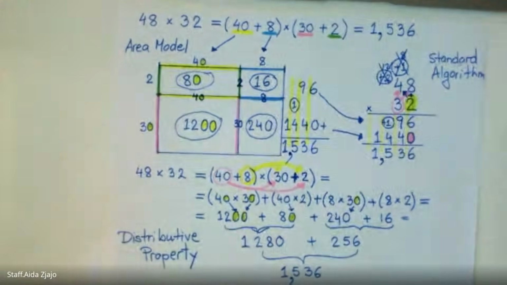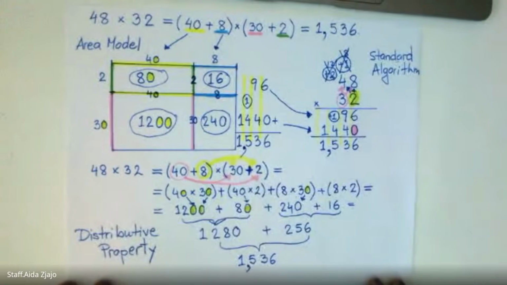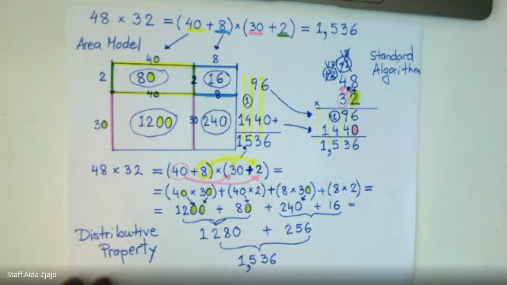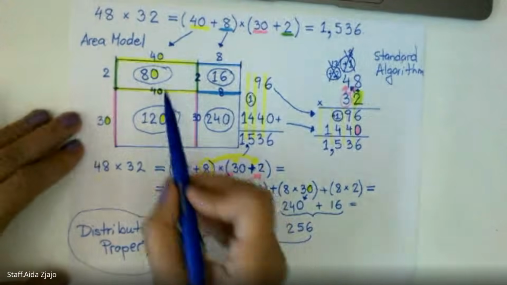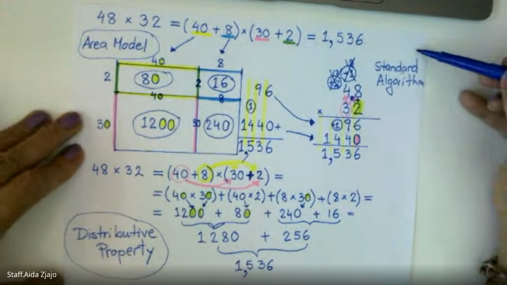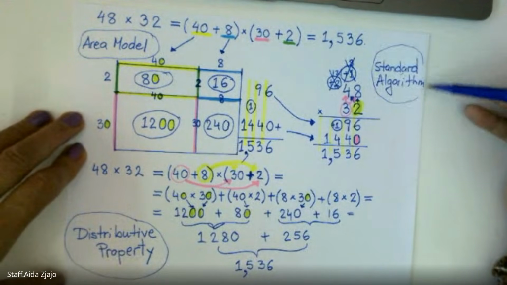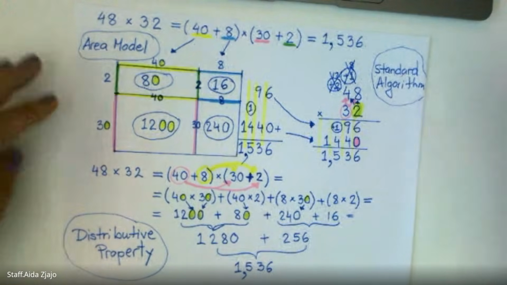These are the three strategies that you can use with the students and make sense which one is the best for them. Does the distributive property make sense to them? Or the area model makes sense to them, or the standard algorithm is making sense to them, especially if they are good in multiplying facts.